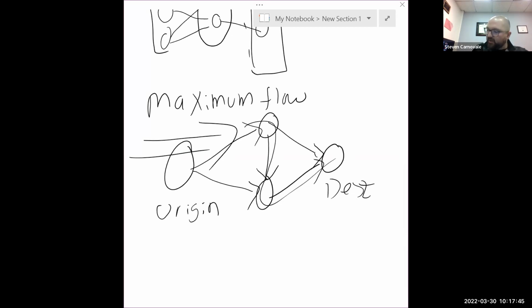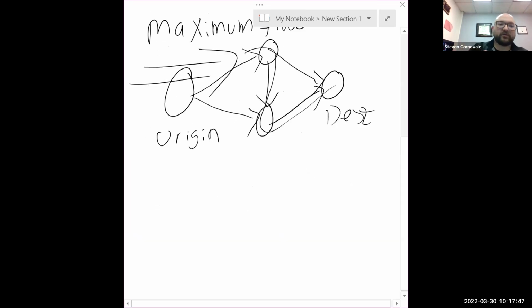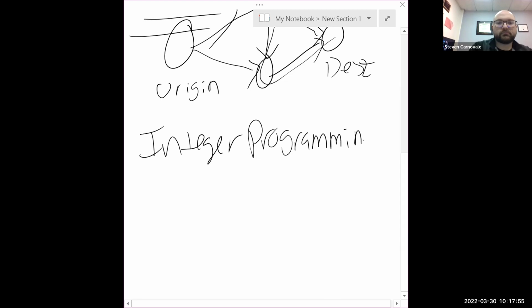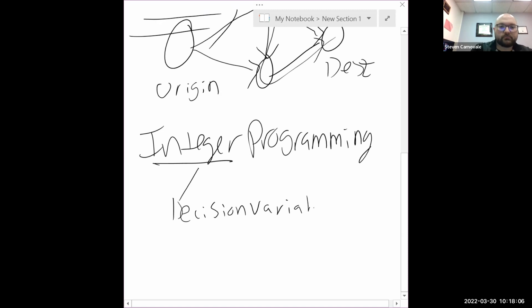The third scenario that we're going to focus on is something called integer programming. Integer programming, as the name suggests, implies that the decision variables are all integers.